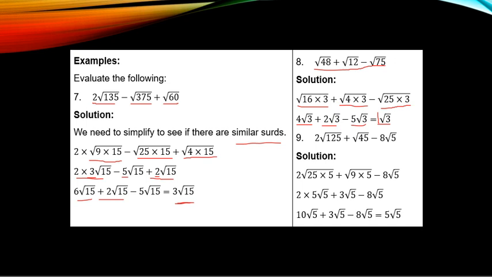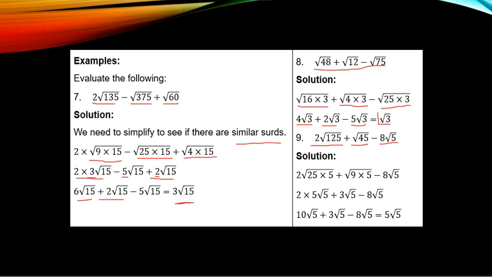Example 9. 2 root 125 plus root 45 minus 8 root 5. Okay? If you look at the last term, 8 root 5, root 5 cannot be broken down further than the way it is.